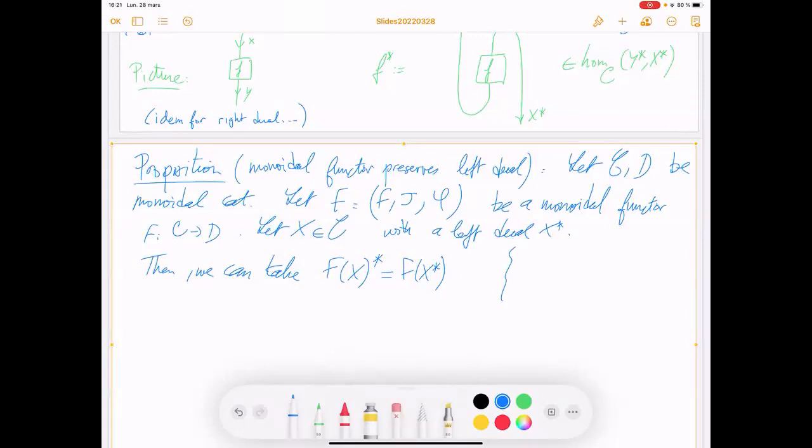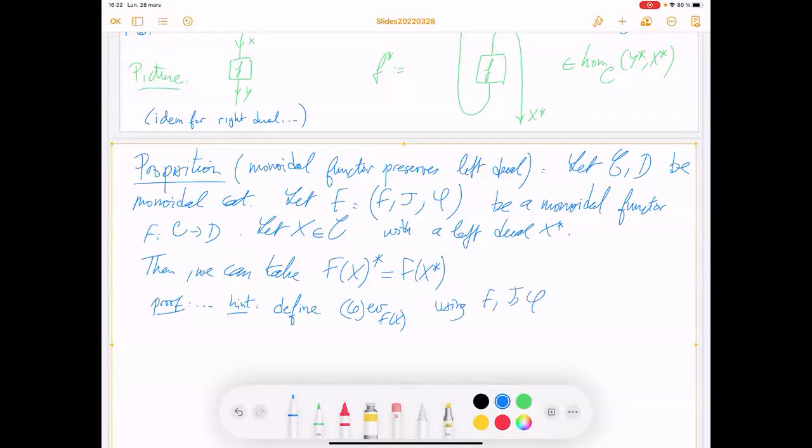Proof. Define the evaluation and the co-evaluation map for f of x using f, g, and phi.